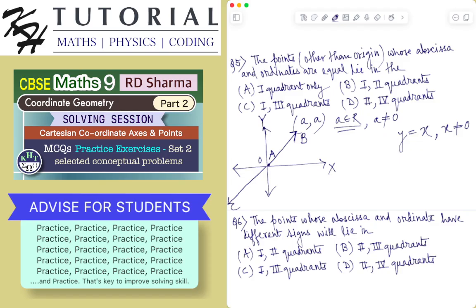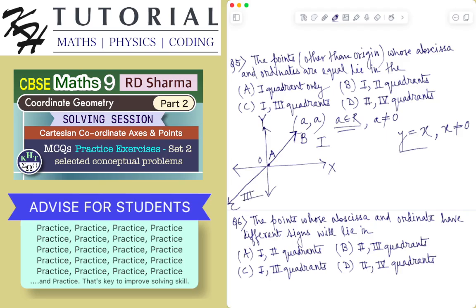If you consider x greater than 0, then obviously all the points lying on the graph of the equation y equals x, where x is greater than 0, will be in the first quadrant, and all the points lying on the graph of y equals x, where x is less than 0, will lie in the third quadrant.